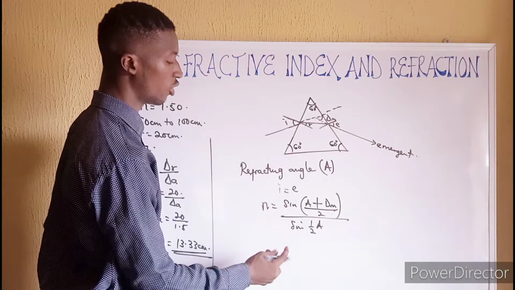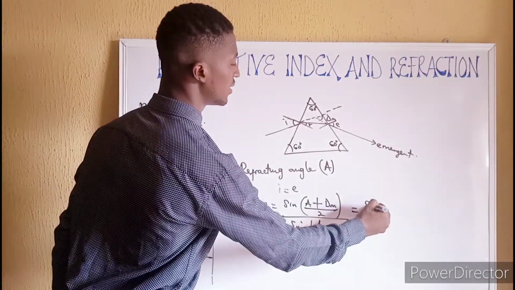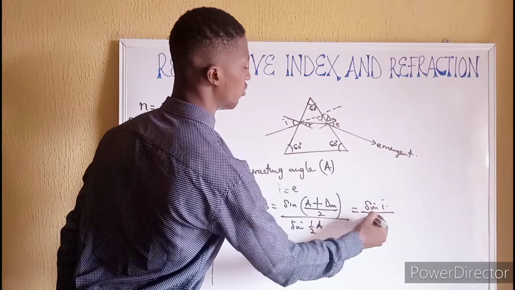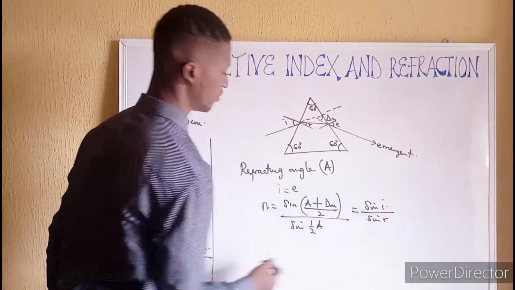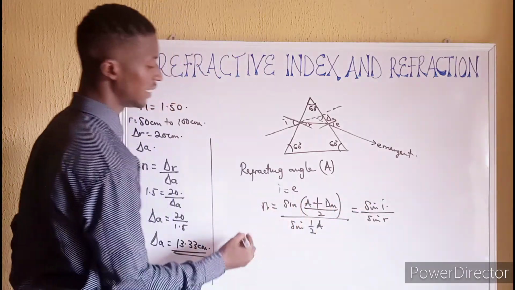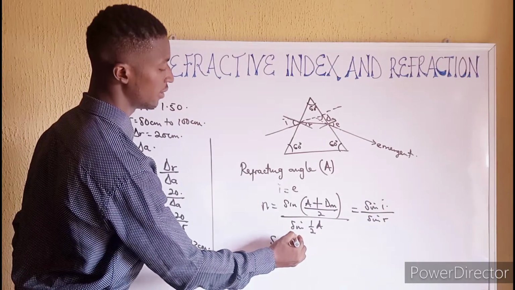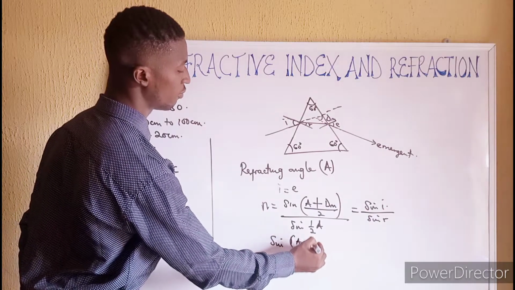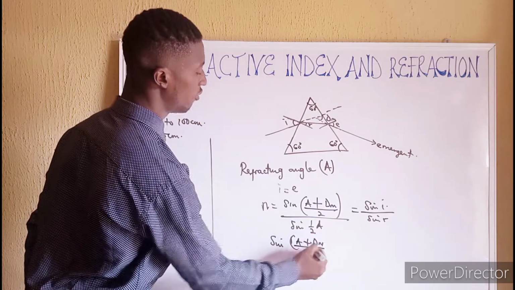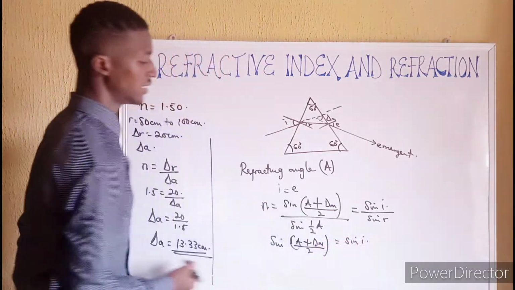Remember that from Snell's law, this same refractive index is equal to sine of angle of incident over sine of angle of refraction. So correspondingly, when we compare both sides, it simply means that sine of your refracting angle plus minimum deviation all over 2 is equal to the sine of incident.